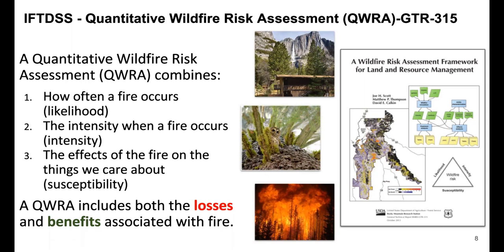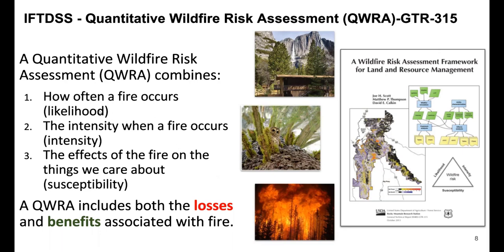So just to be clear, the quantitative risk assessment that we apply in IFTDSS does follow the same process outlined in GTR 315, which is sort of the Bible for the framework for risk assessment. We do use a different landscape burn probability model than what's used in there, and I'll explain that when we get to the burn probability section. But this quantitative risk assessment is covering the 3 pillars of the triangle for risk.